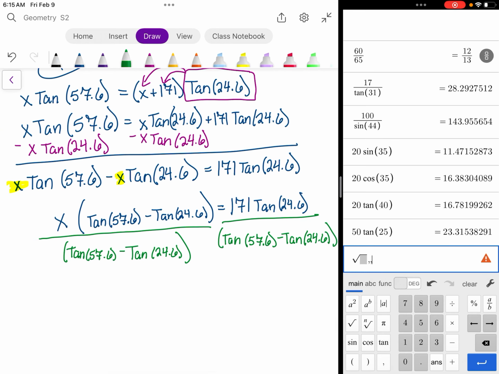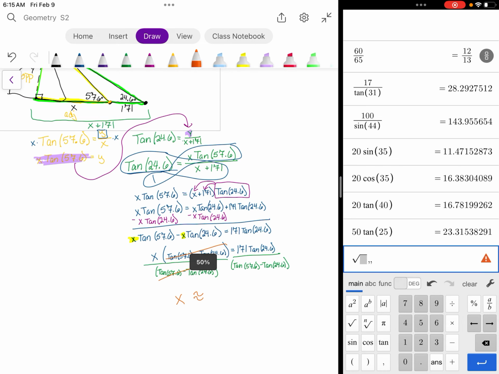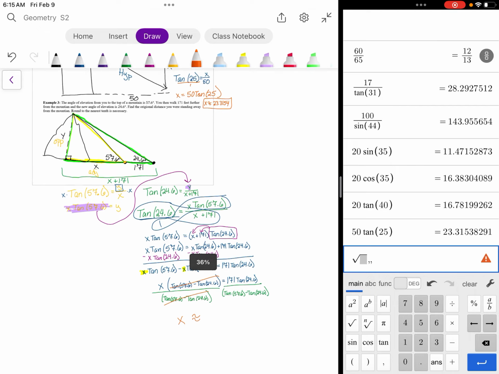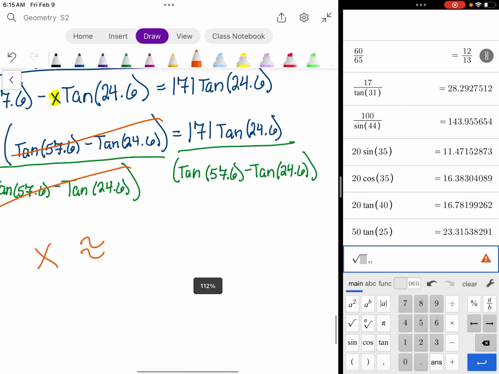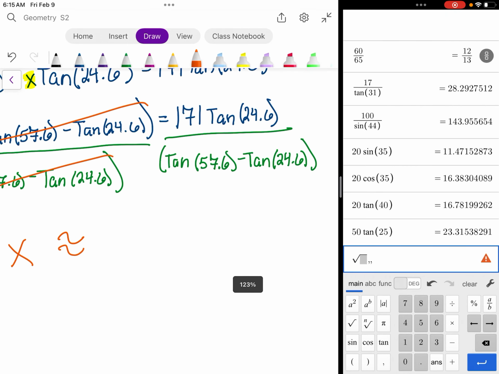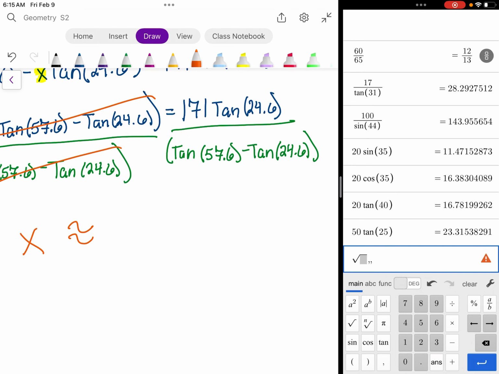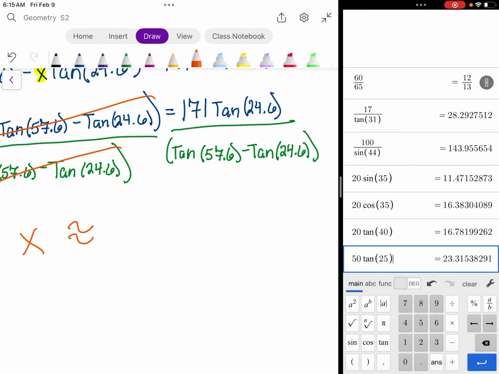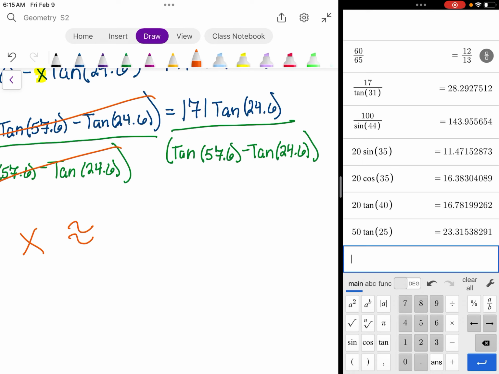Okay. So with that, we got our x all by itself now. Now we can type it into our calculator. Oh, I probably did not give you enough workspace. Okay. So in your calculator, you are going to first type in that top part.